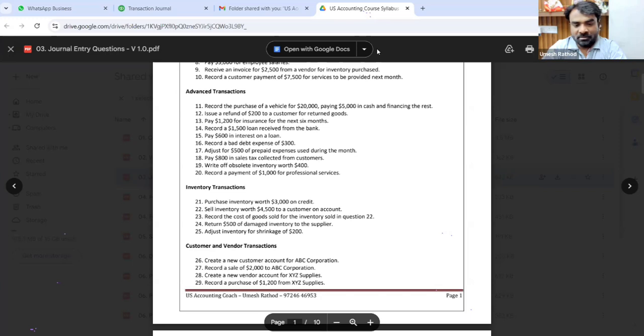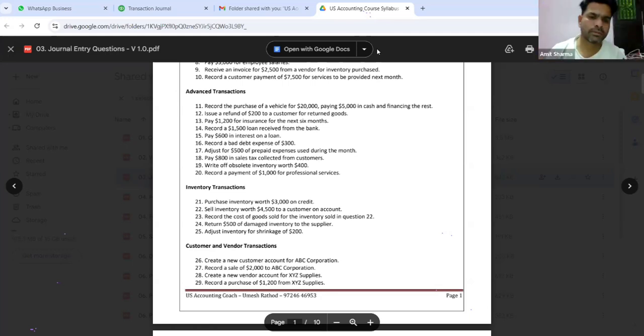Now record the return of 500 of damaged inventory to the supplier. Vendor account debit, not purchase credit, inventory credit, right?